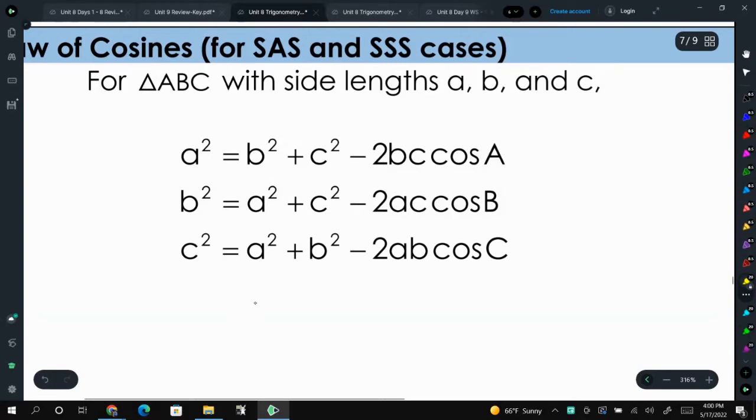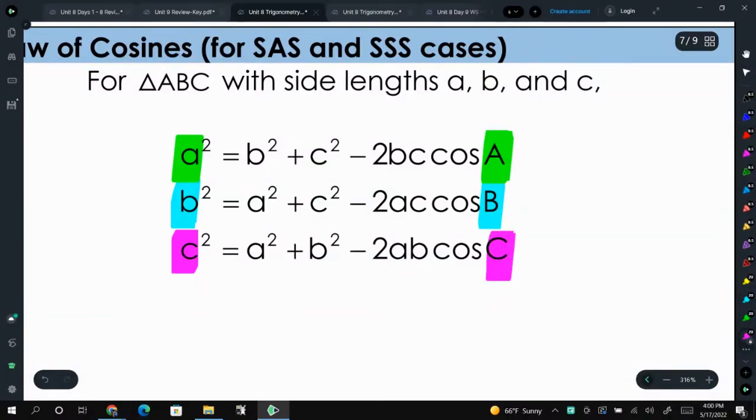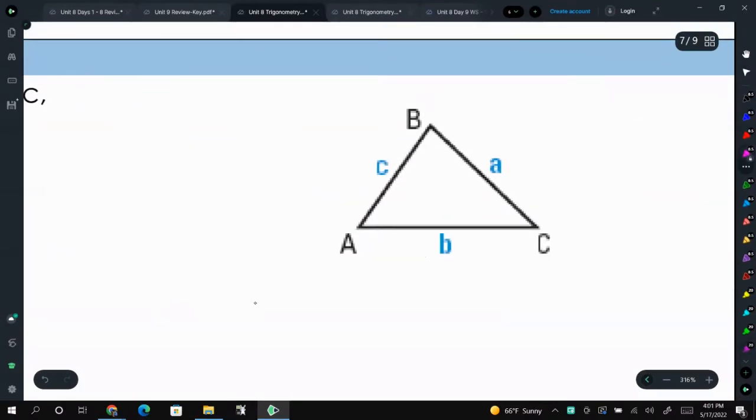Remember, the lettering really doesn't matter, but pay attention that for a squared, you need to know angle A. For side B, you need to know angle B, and for side C, you need to know angle C. I do this with loops again: if you know two sides and the angle in between them, you can use the law of cosines.